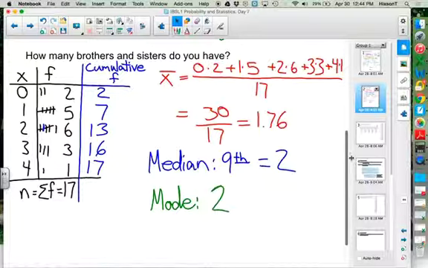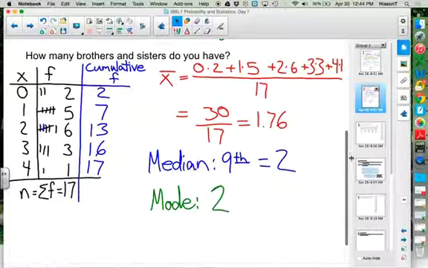We can get a pretty good idea about the class looking at the mean in that case. If we had the median, 2, that's a pretty good representation of the data.